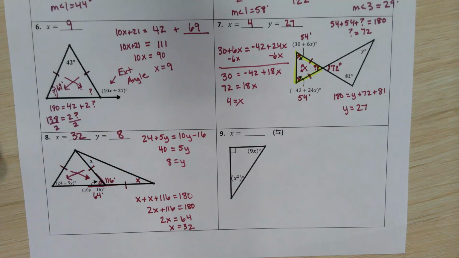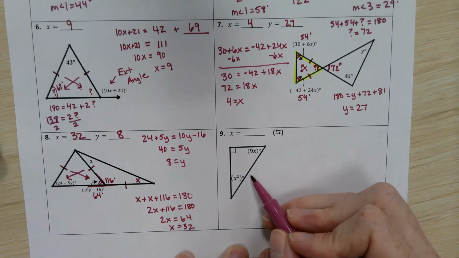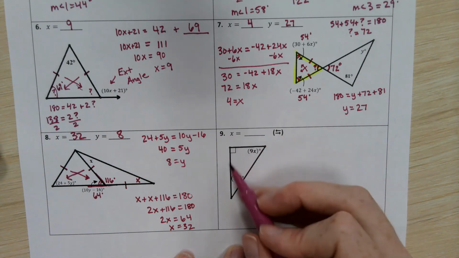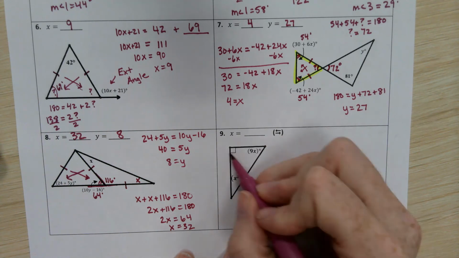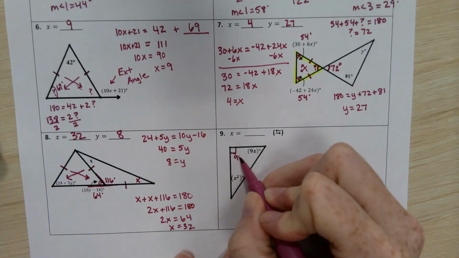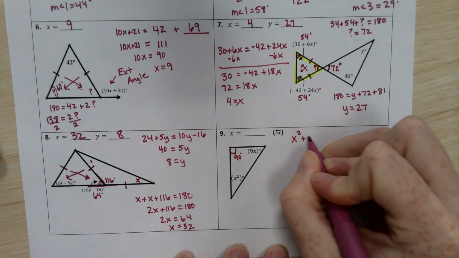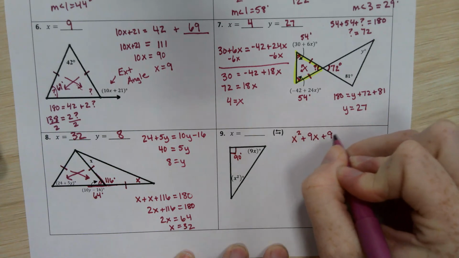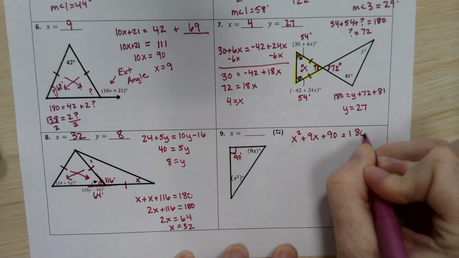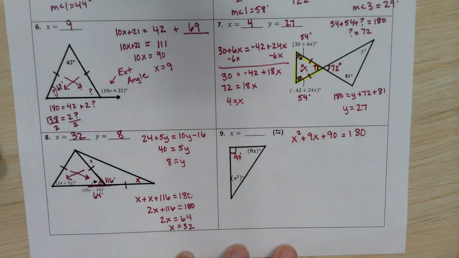Last but not least, this doesn't really seem like it belongs on today's notes because I don't see any congruent sides and I don't notice any congruent angles, but I do notice that I have all 3 interior angles. So I'm going to add all 3 of those angles together to be equal to 180 thanks to my triangle sum theorem.